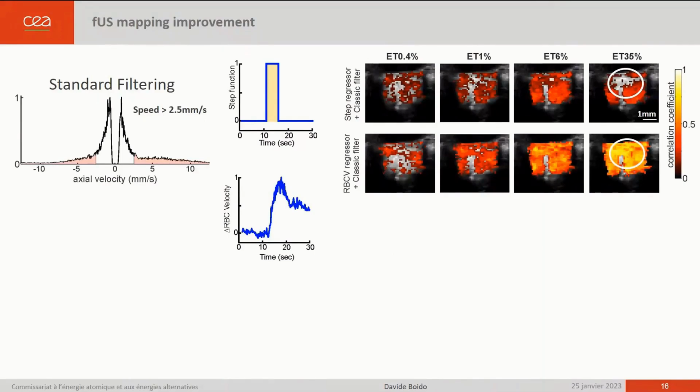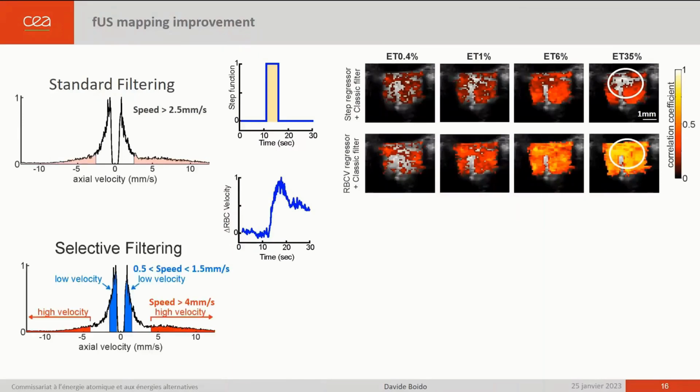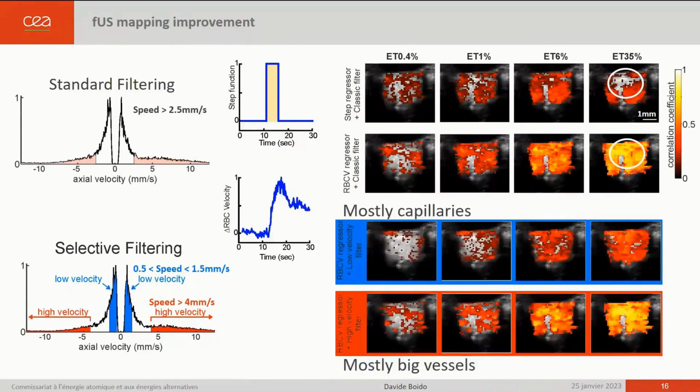We also realized that our recordings were indeed very stable, with very little vibrations. And we could reanalyze the data, splitting the signal between low and high frequency power Doppler. The cross-correlation with the same target function gave us 2 sets of activation maps, one mainly related to capillaries and the other to bigger vessels with higher red blood cell speed.